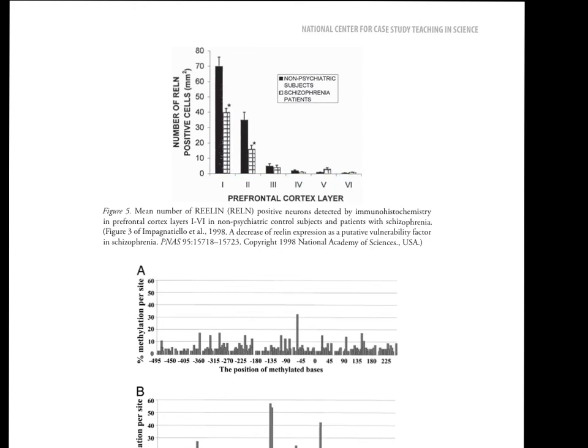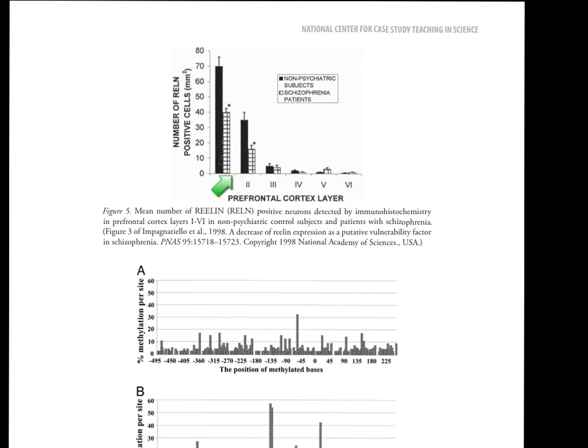So as we go through the layers of the prefrontal cortex, you see that the reelin is in higher concentration in layer 1 and much less concentration in layer 6. And in fact, you see that schizophrenics have about the same amount of reelin as the non-schizophrenic subjects.